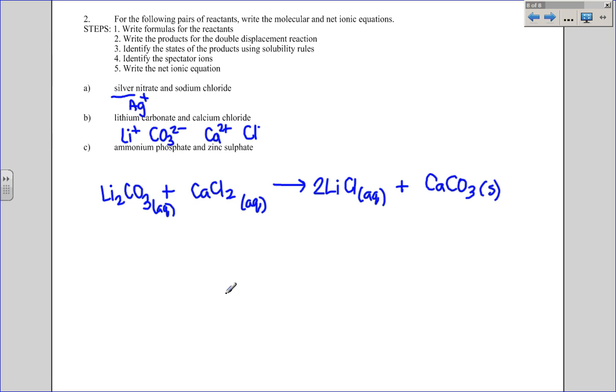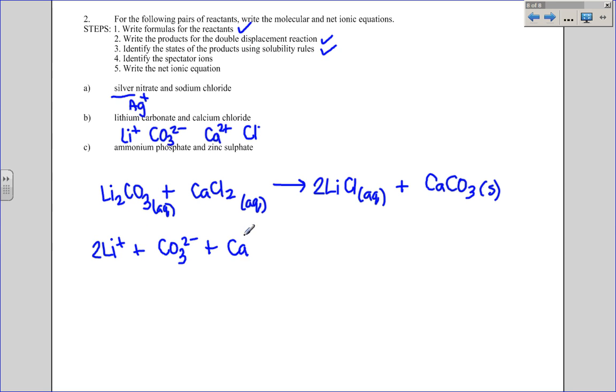So I've written the formulas for my reactants. I've written the formulas for my products. I've identified the states using the solubility rules. Now, to identify the spectator ions, I need to write my ionic equation. So for this one here, it's aqueous. It breaks up into 2 Li plus and 1 CO3 2 minus.